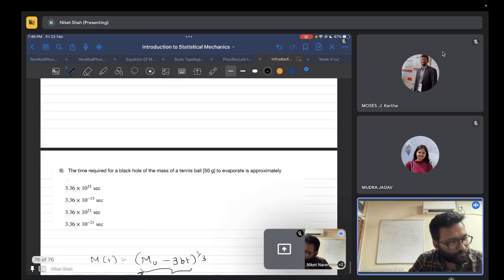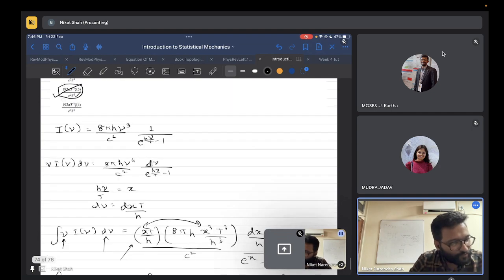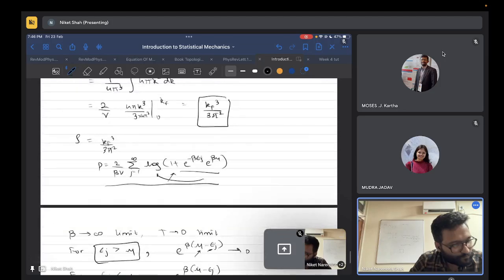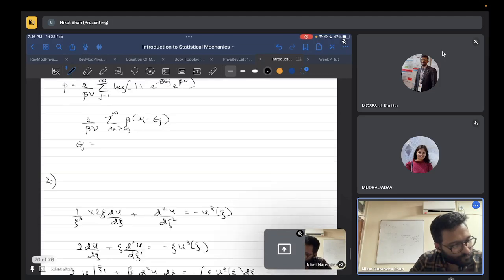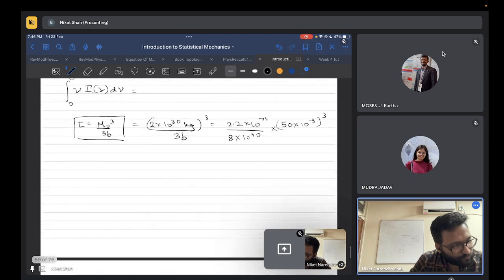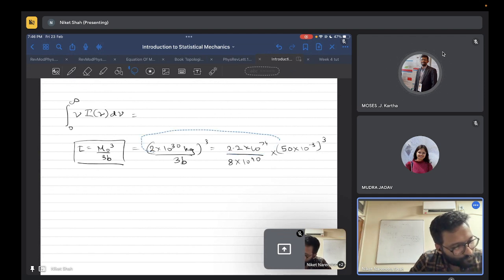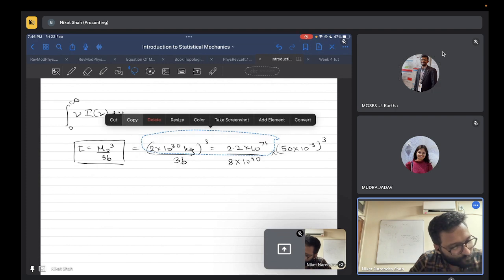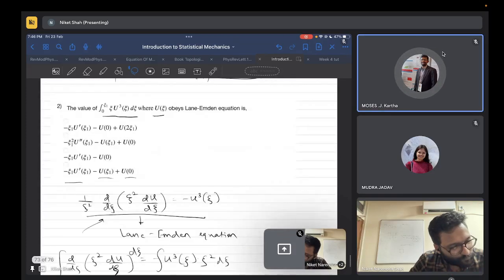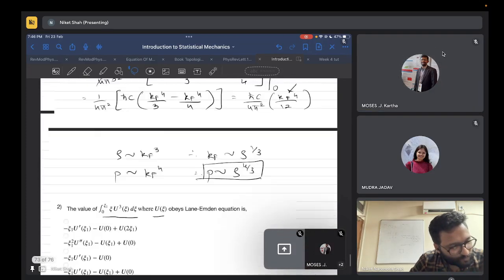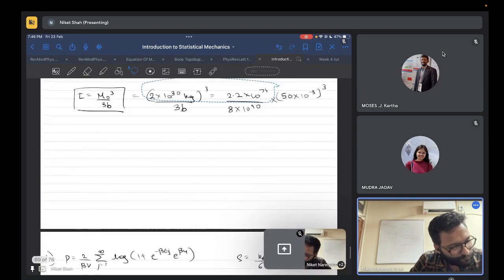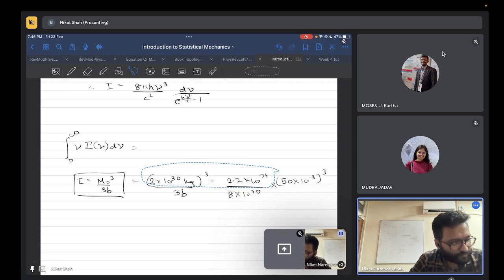So here sir had given one example. You can directly use that only. So we had, sorry, I'll take both of these values. Where is the q? m0 cube divided by 3b.